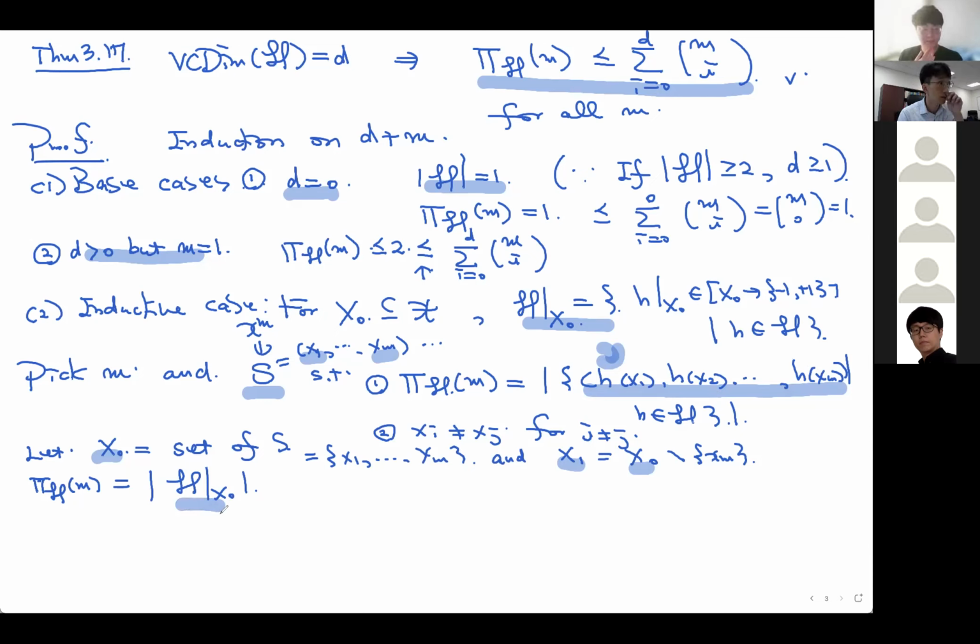And now here are some important things. We will consider h restricted to x1. So now there are two players: h restricted to X0 and h restricted to X1. Then we're going to define some subset of h restricted to X1, which we will write as h prime.